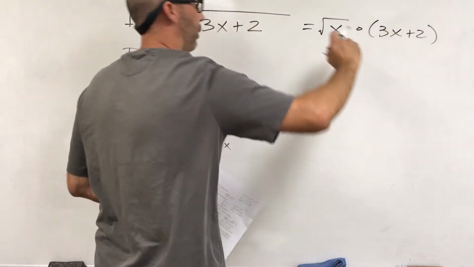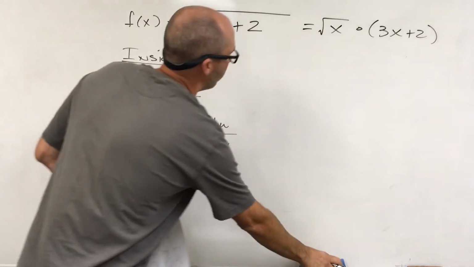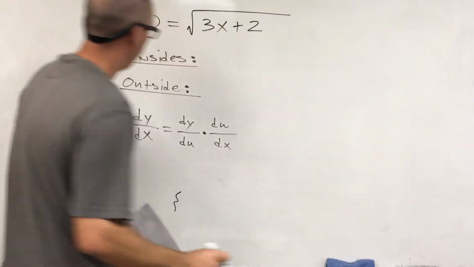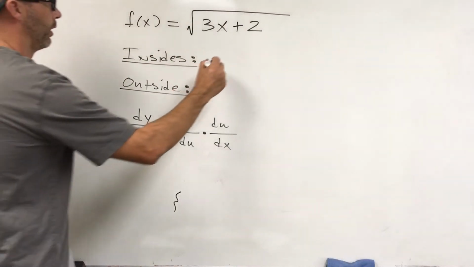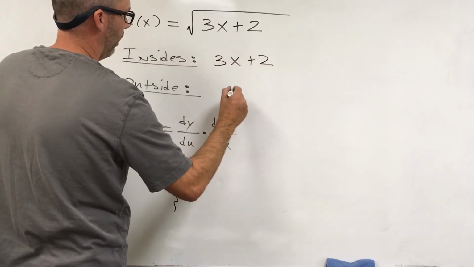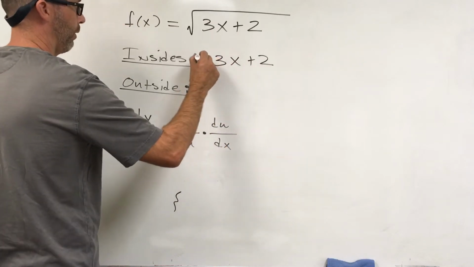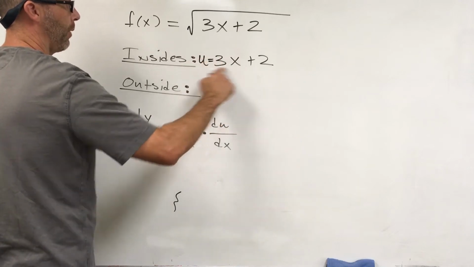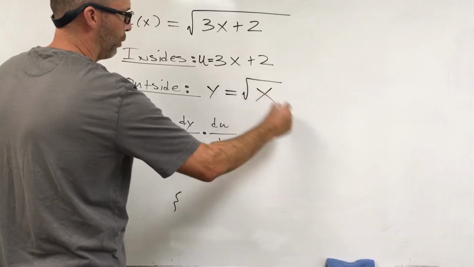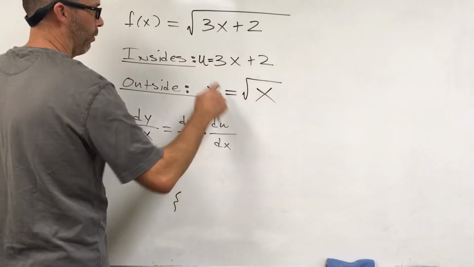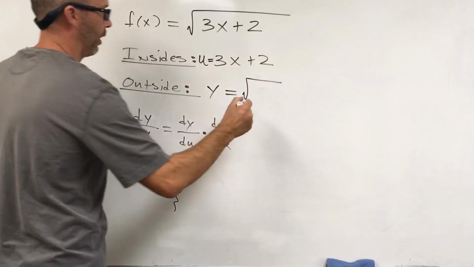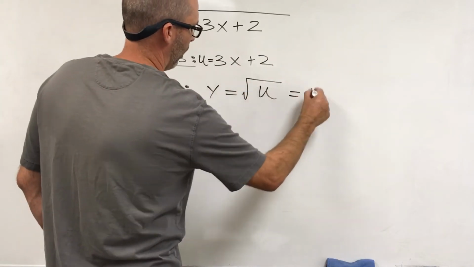It's like you take 3x plus 2 and you plug it in there, okay? Again, you're not required to know this. All right, so the inside function, let's see, we got 3x plus 2, the outside function. All right, remember we always give this a new name as u. What we'd usually call root x, we want this to be the same as that, so we can put it back in there, we get that back, so we're going to have root u, which is u to the 1/2.